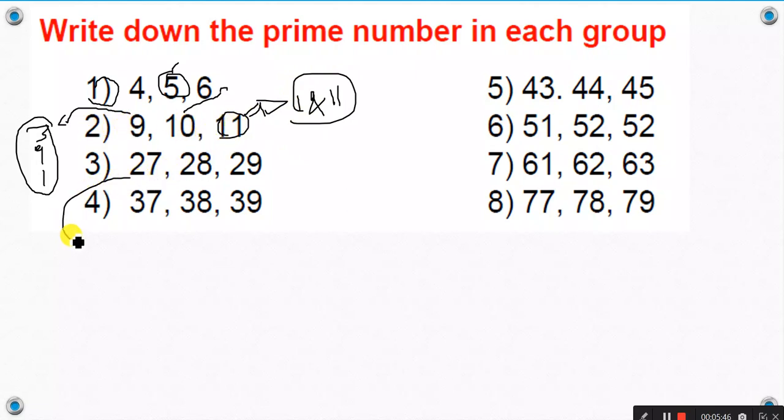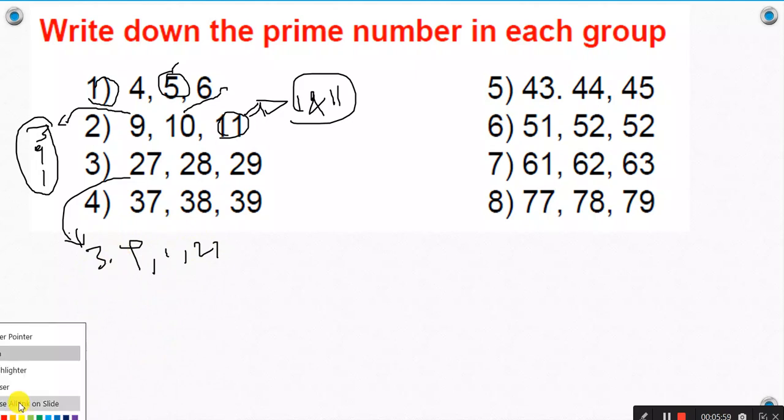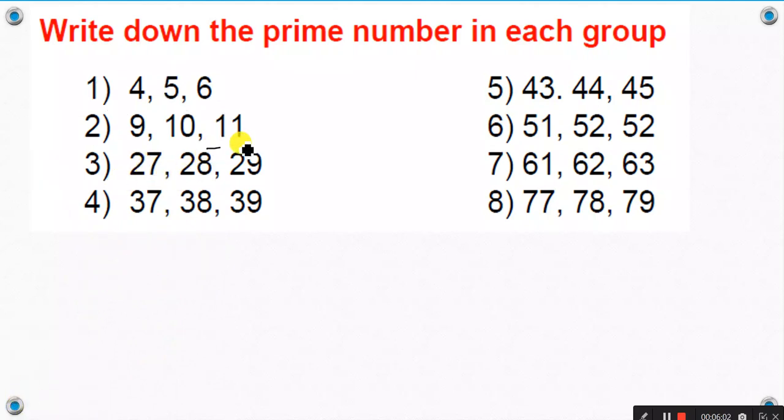27 is not prime because it is divided by 3, 9, 1, and itself. So how many factors does it have? 4 factors, so it is not prime. 28 is also not prime because it is divided by 1, 2, 4, 7, and so on. 29 is a prime number because it is not divided by any other number without remainder.